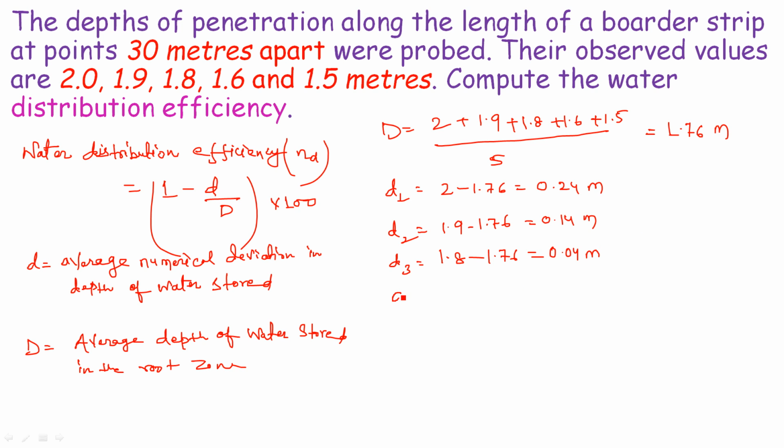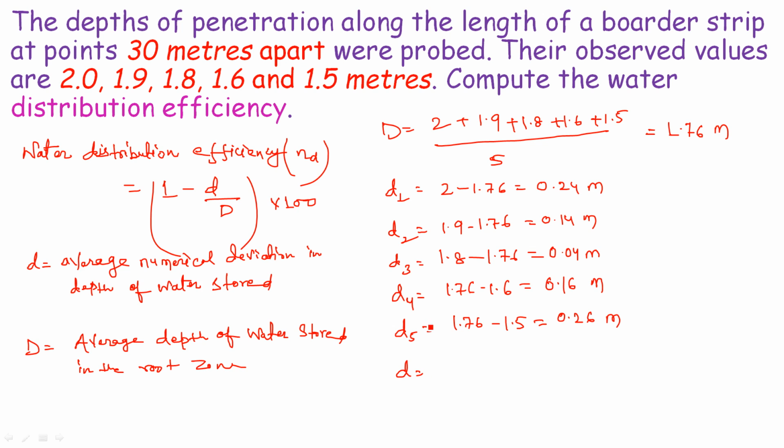Now D4, the deviation is equal to 1.76 minus 1.6, so it will be 0.16 meter. Now D5 is equal to 1.76 minus 1.5, which is 0.26 meter. Now we need to find the average numerical deviation.